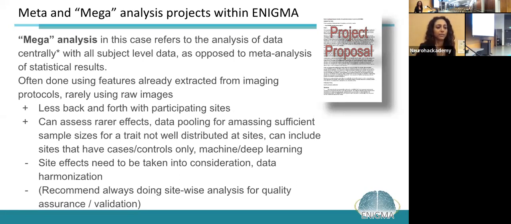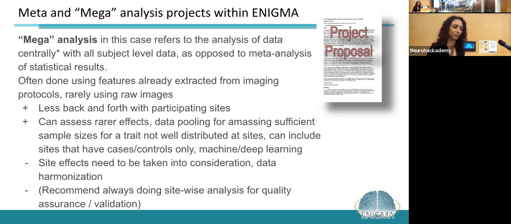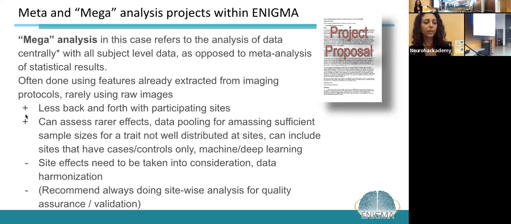One of the advantages of this, obviously, there's less back and forth with the participating sites a lot of times. Sometimes they are not interested in running the image processing, and they're like, here's the raw data, please just let's work through MTAs and you do all the processing. But a big positive is that you can assess rare effects.